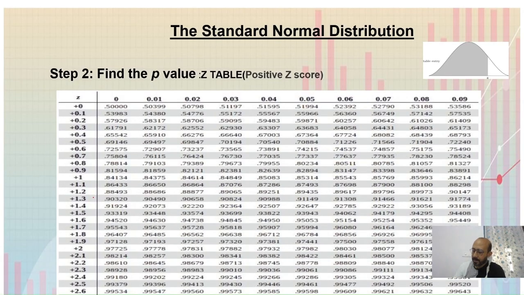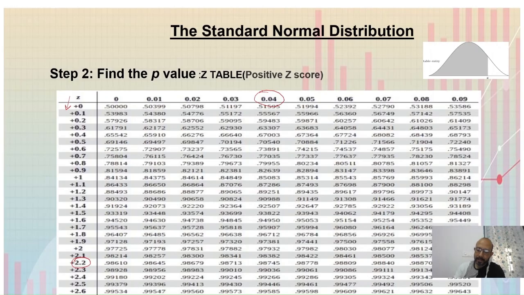So you can see this one is up to the first decimal point and this one is the second decimal point.